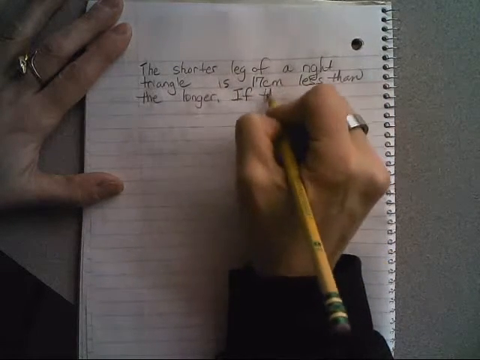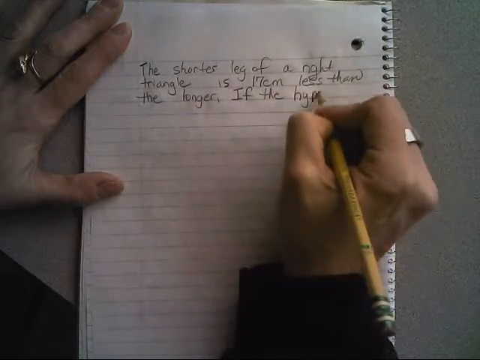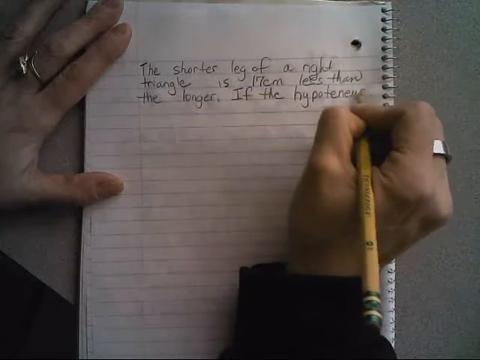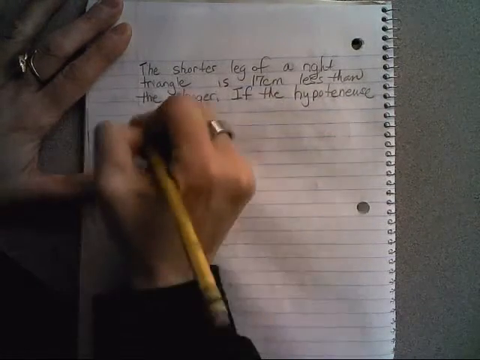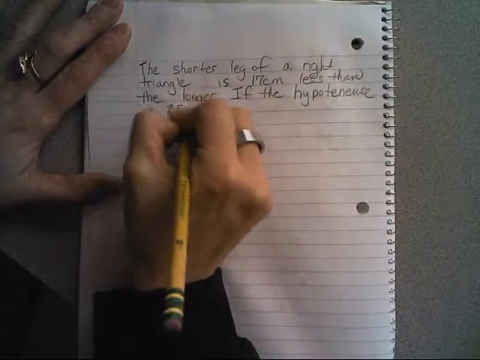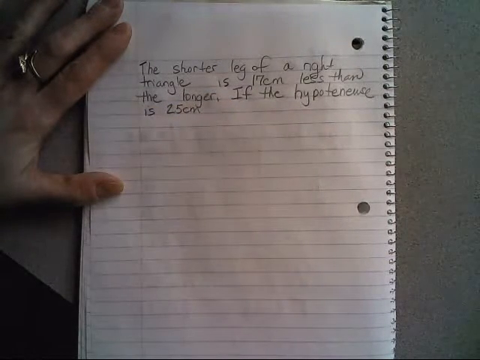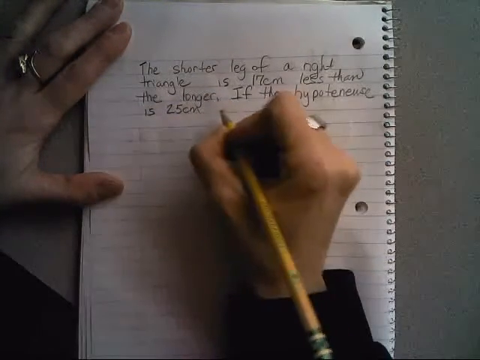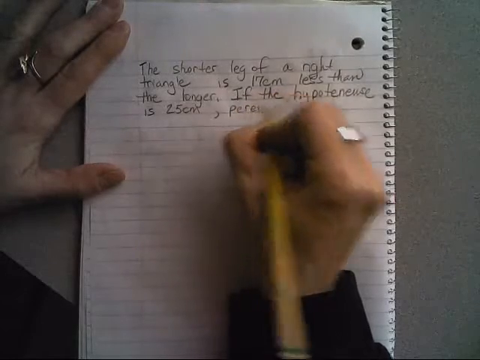If the hypotenuse is 25 centimeters, what is the perimeter of the thing?